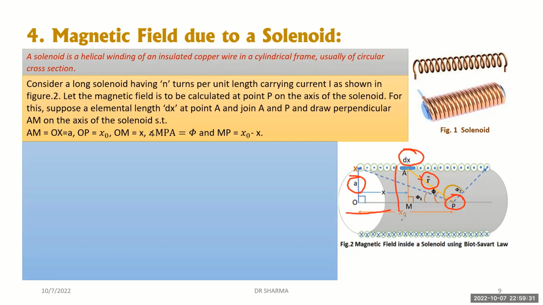OM is equal to x, and OP is equal to x naught. That field point P is at a fixed distance x naught from one end of the solenoid. The angle APM or APO, you can say, is phi.